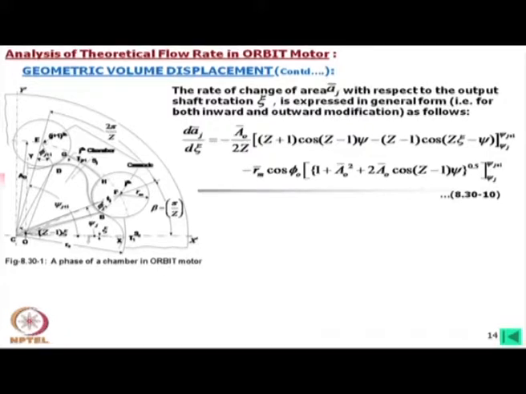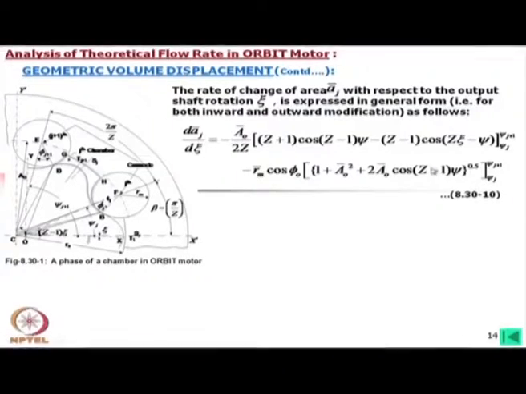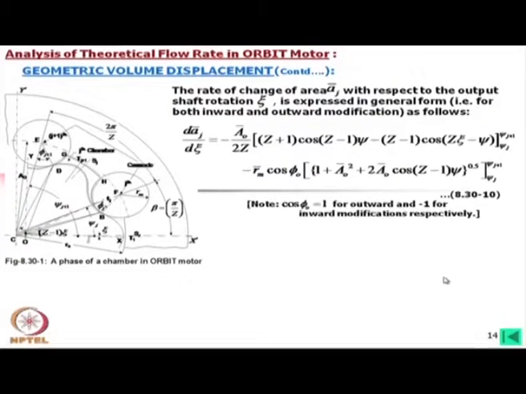Because this is only the variation of the volume, which is the working volume. Now, if we get this one, here I would like to mention one thing, that this modification may be inward and outward.